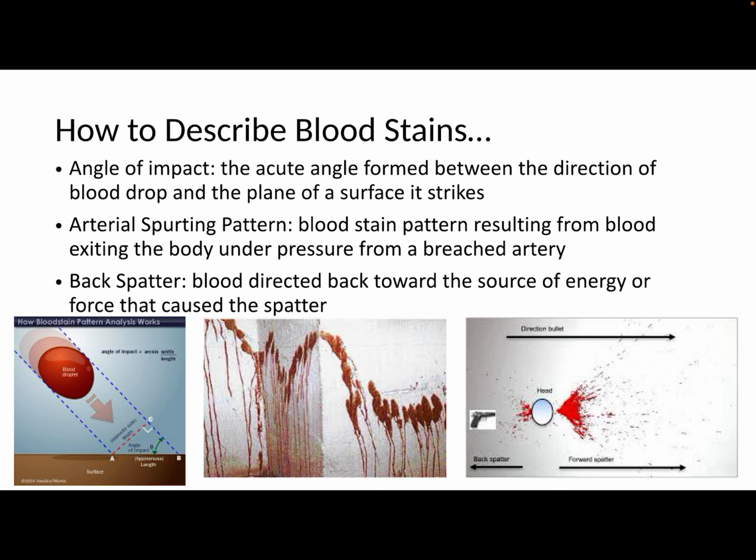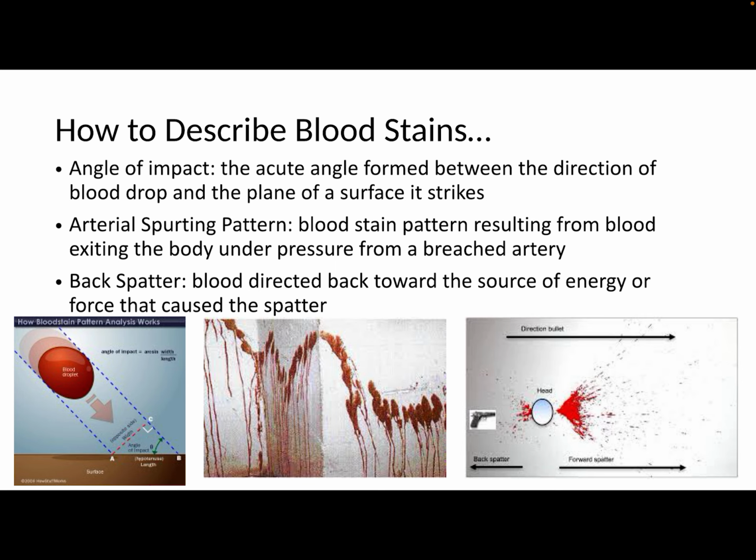Arteries are larger within our bodies, so they carry a larger volume of blood. So if an artery is breached, a lot of blood is coming out in a short period of time. So an arterial spurting pattern is a blood stain pattern resulting from blood exiting the body under pressure from a breached artery.